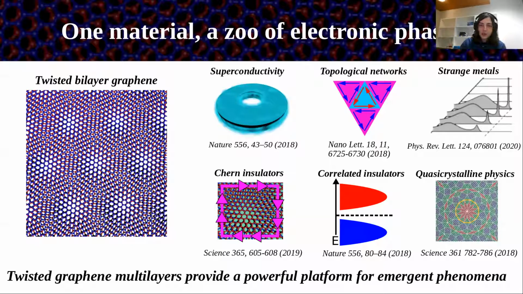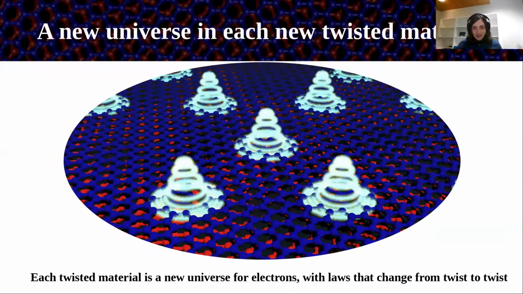And if you now think about all the two-dimensional materials that we have, of course, this gives rise to a whole new family of things that we can try. At this point, this is perhaps one of the most inspiring notions that we can have, at least as a theoretical physicist: the idea that by combining the right materials, taking the right angle, perhaps the right electric field, the right substrate, and the right screening, we can create a whole new universe for electrons where we can observe properties that we have not seen so far, perhaps not even in cuprates, perhaps not even in heavy-fermion systems, perhaps not even in topological insulators.